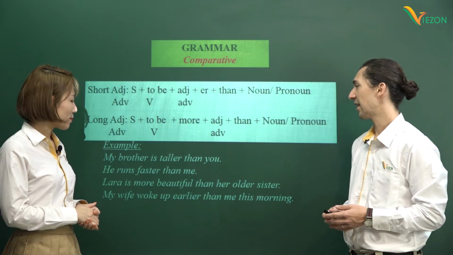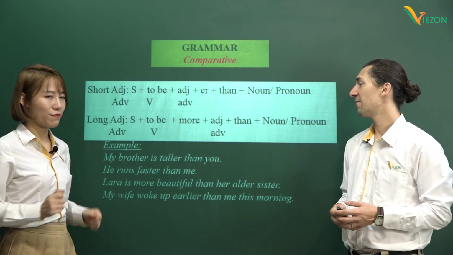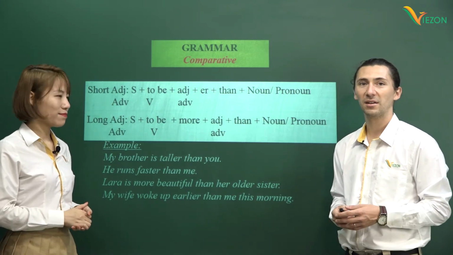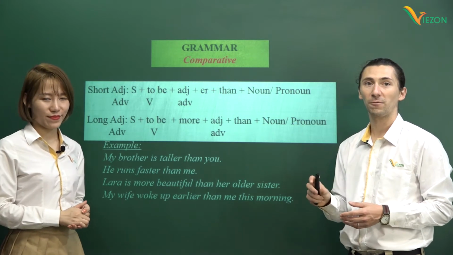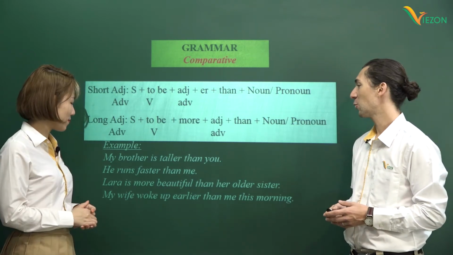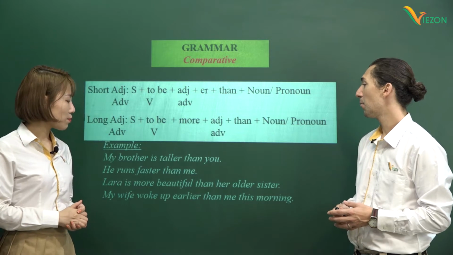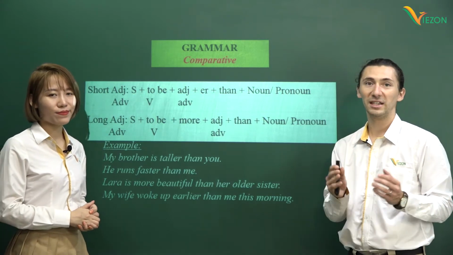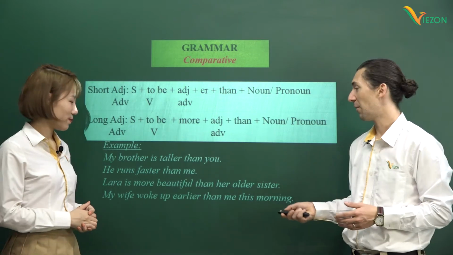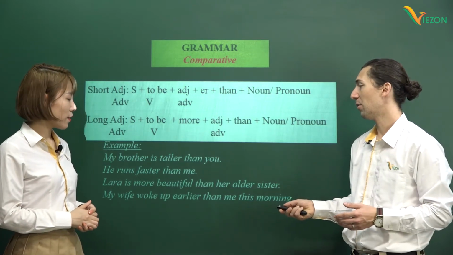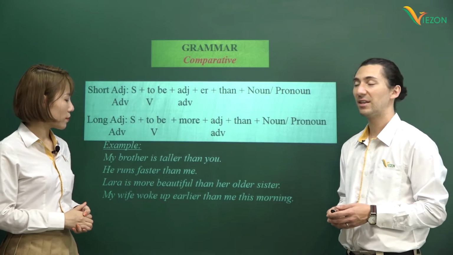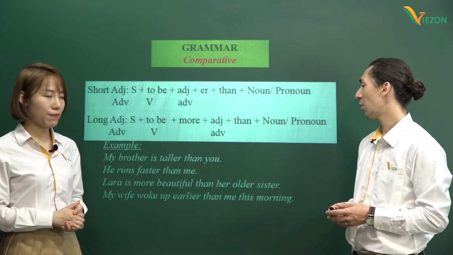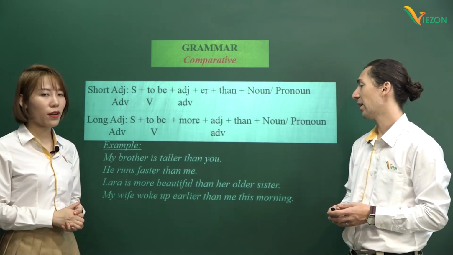All right, in the second example we have he runs faster than me. All right, again, this is the short form. And the next one we have is Laura is more beautiful than her older sister. And this one we can see is the long form because we have more beautiful. And the last example we have is my wife woke up earlier than me this morning.